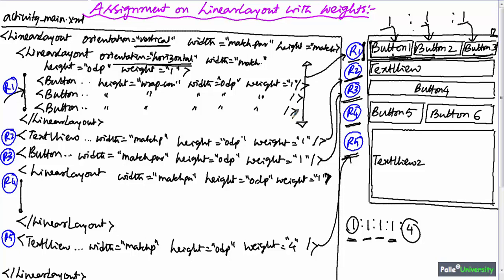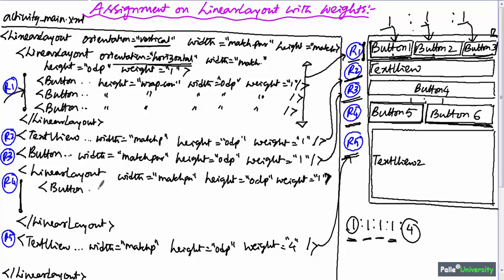Now coming to row 4, that is the 4th element, which contains 2 buttons, button 5 and button 6. If you observe carefully, even the widths of button 5 and button 6 are equally proportionate, that is 1:1. So for that also we have to apply weight property appropriately.